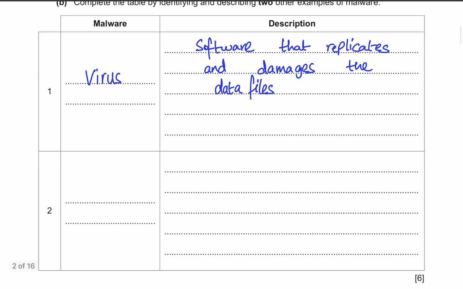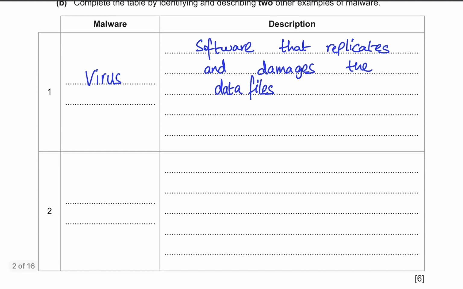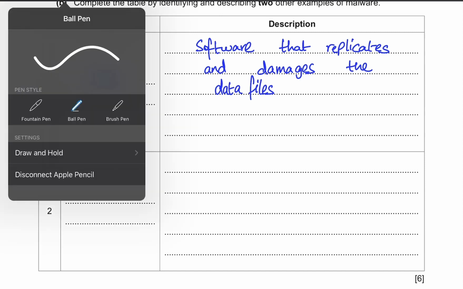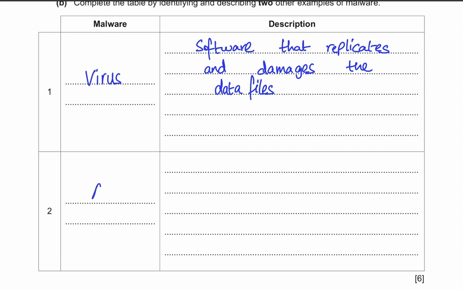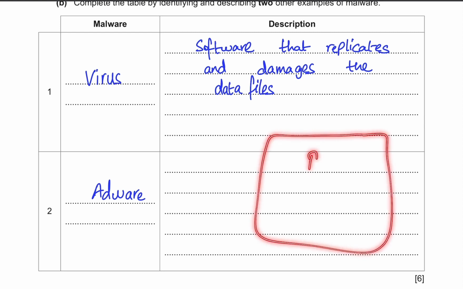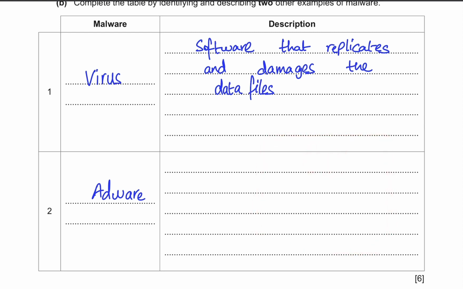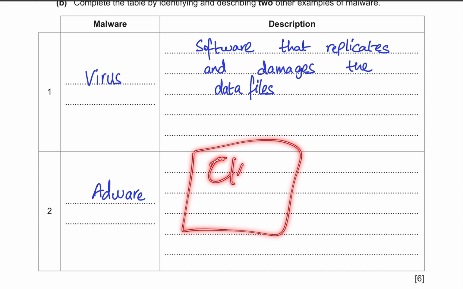The second example we can say is adware. You see ads on the internet whenever you're watching a YouTube video, or watching something online, or online banking. You might have seen some ads which say buy this ticket, or click me.